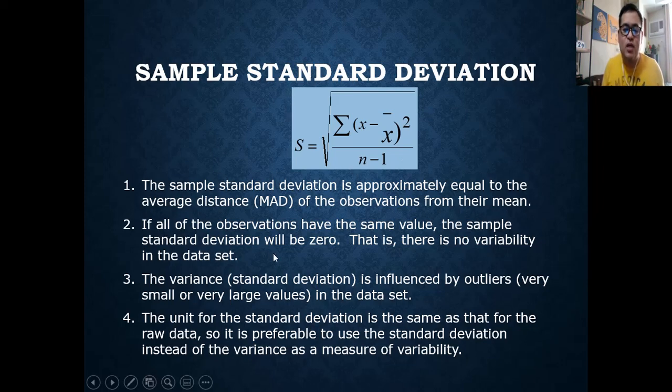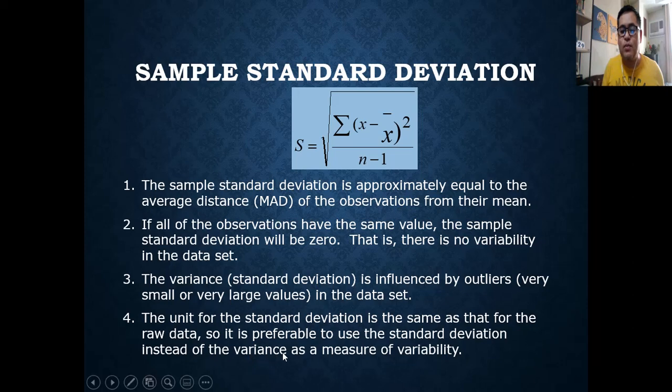If all of the observations have the same value, the sample standard deviation will be 0. That is, there's no variability in the data set. The variance is influenced by outliers in the data set. And of course, number 4, the unit of the standard deviation is the same as that of the raw data.